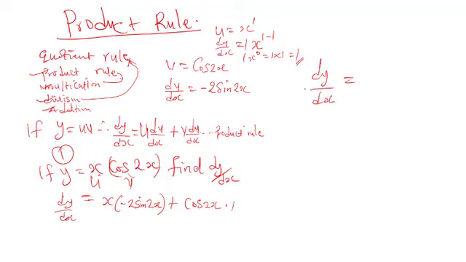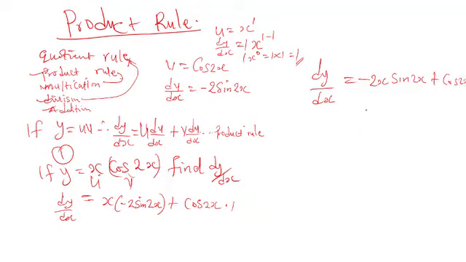So times 1. So from this, dy/dx is now equal to, let's go ahead with our multiplication. x times minus 2 sine 2x gives us minus 2x sine 2x, plus cos 2x.